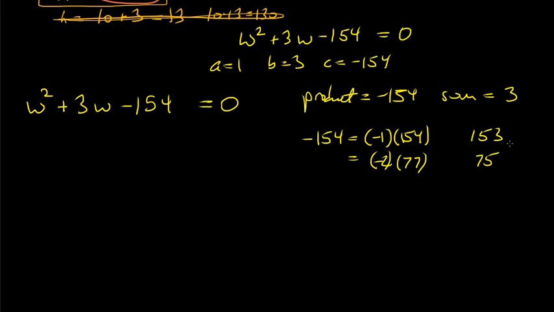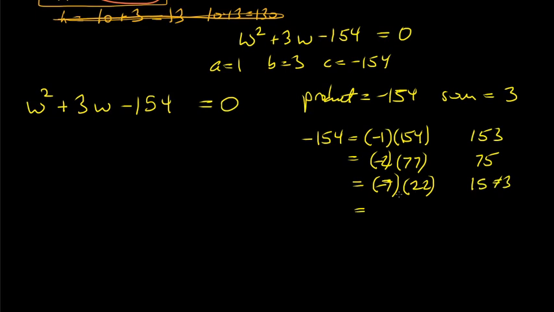154 is not divisible by 3, or 4, or 5, or 6. 7 works, so we can do negative 7 times 22. But 22 minus 7 is 15, still not equal to 3, so let's keep going.